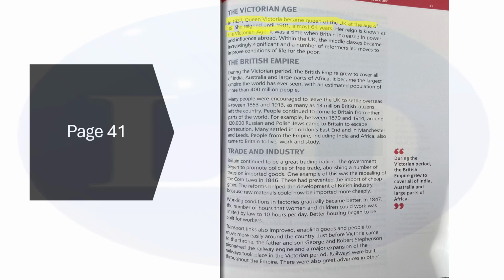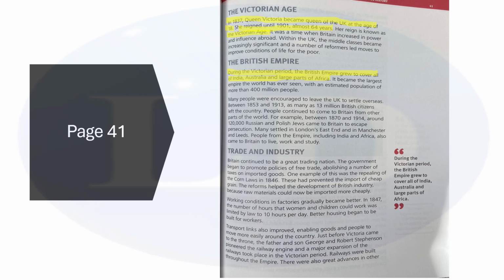So the next thing is the British Empire. During the Victorian period, the British Empire grew to cover all of India, Australia, and large parts of Africa. Now, this is important. The question is, which parts of the world were ruled over by Britain during the reign of Queen Victoria?